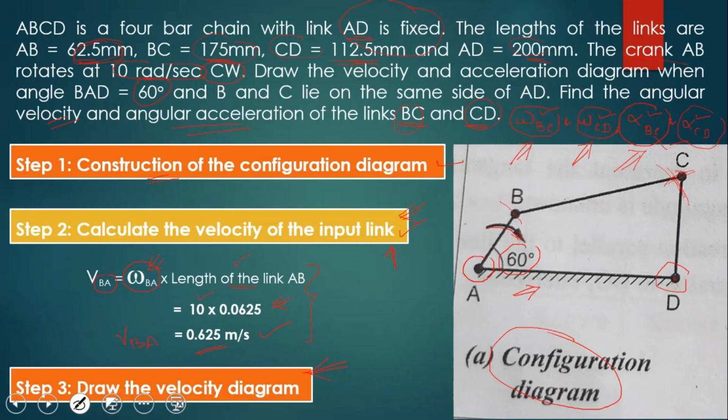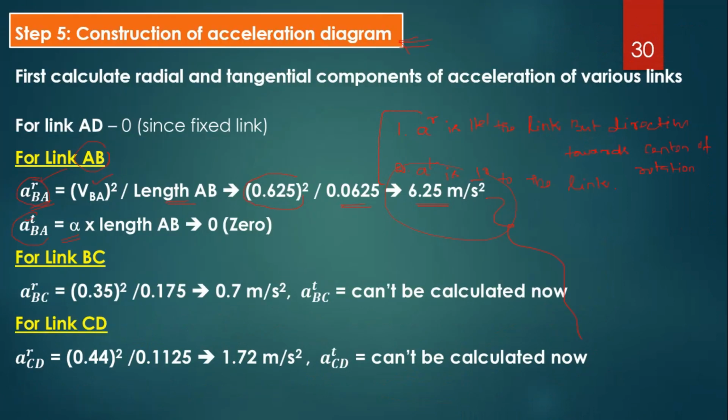Only the angular velocity of the input link is given, angular acceleration is not given, so we consider alpha equal to 0. Multiply this alpha with the length of the link AB, then the total term becomes 0. Then acceleration of tangential component of BA is equal to 0 in this case. Now the magnitude we know, 6.25.